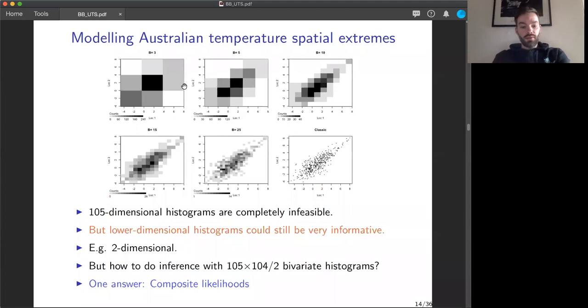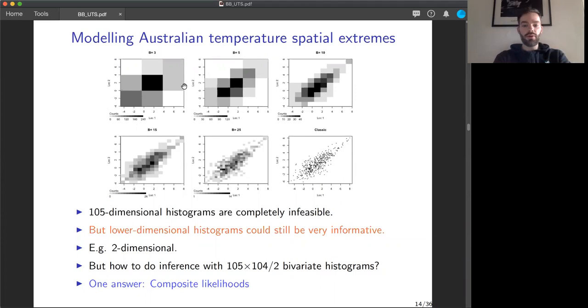As we said before, we are very much limited to lower dimensional histograms. So what we suggest is that it may be a good idea to use lower dimensional histograms, such as 2-dimensional. Here in the plot, you can see the information between 2 locations in space at different levels of discretization.